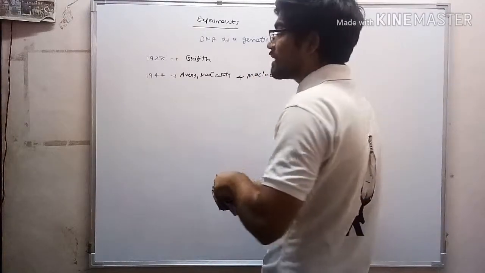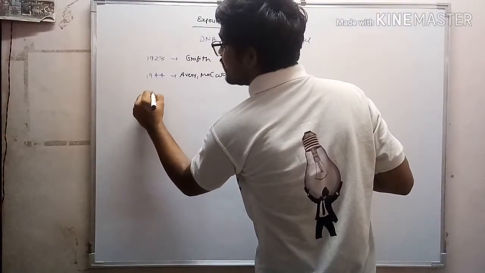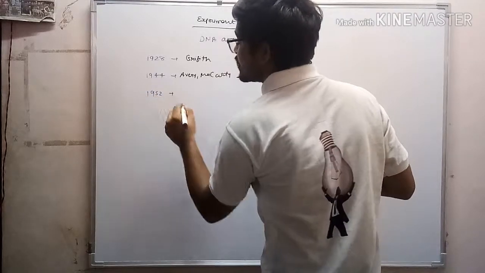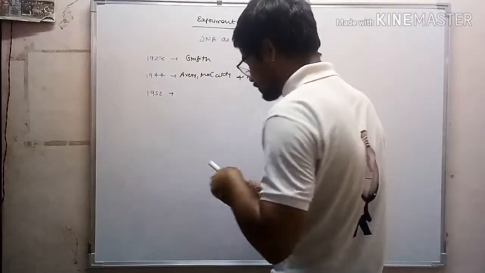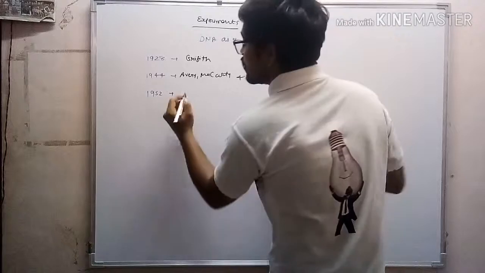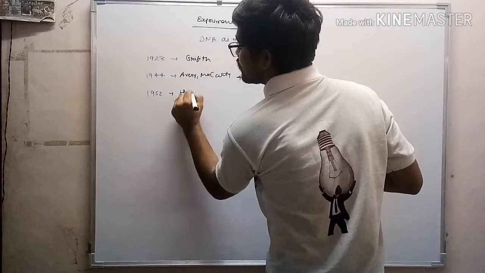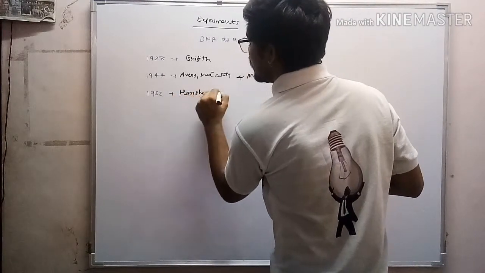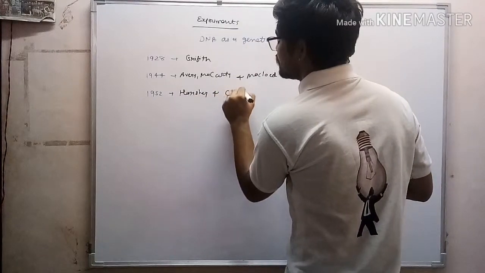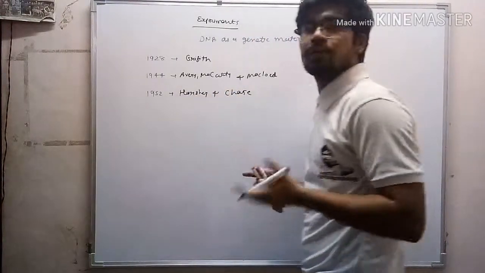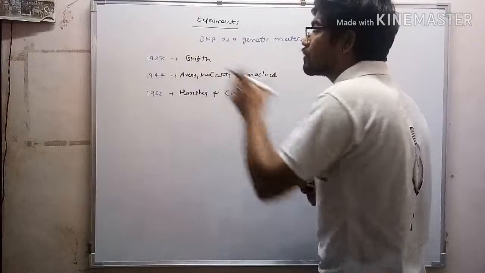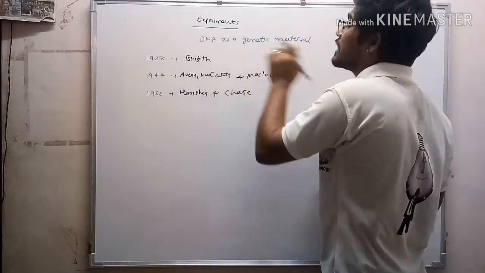The third and last experiment was carried out in 1952, just 8 years after this, given by Hershey and Chase, which used radioactive compounds. These three experiments were carried out to prove that DNA is a genetic material.